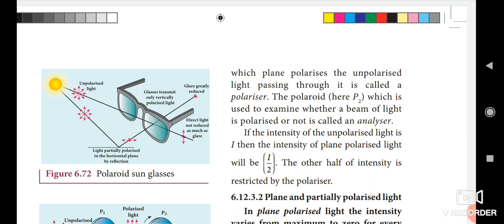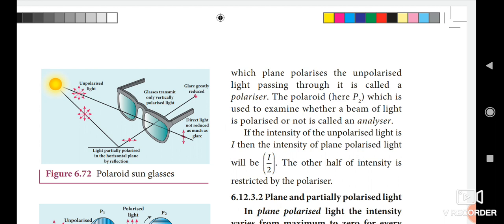The polarizer P2, which is used to examine whether a beam of light is polarized or not, is called the analyzer. The intensity of the unpolarized light before passing through the polarizer is denoted as I.